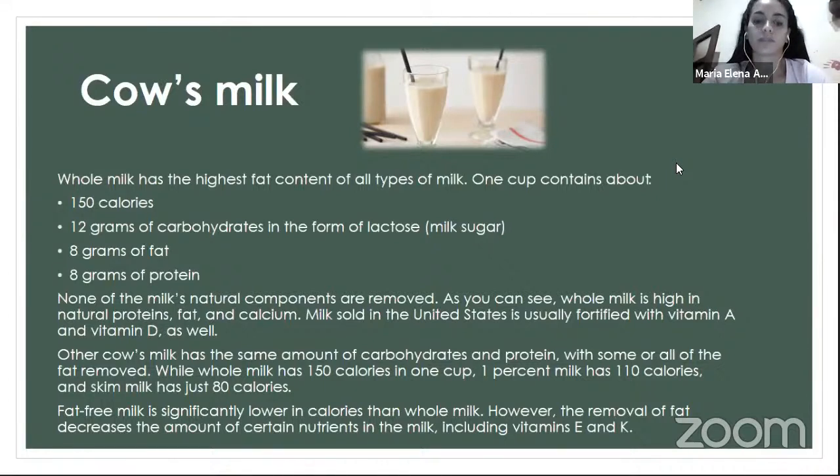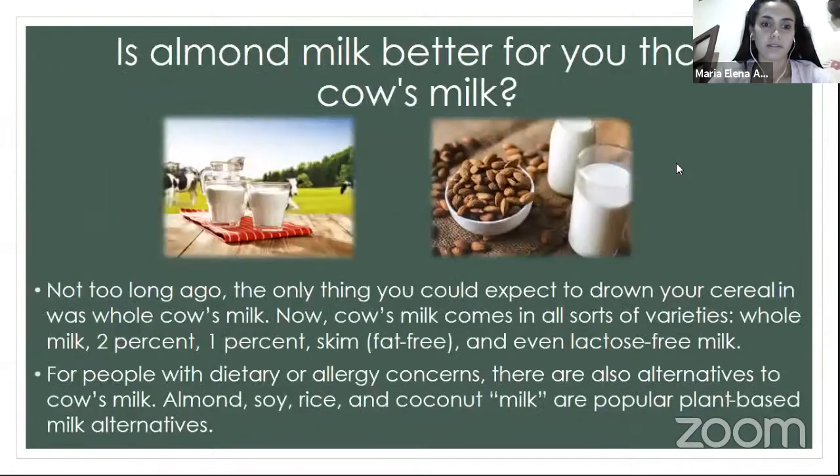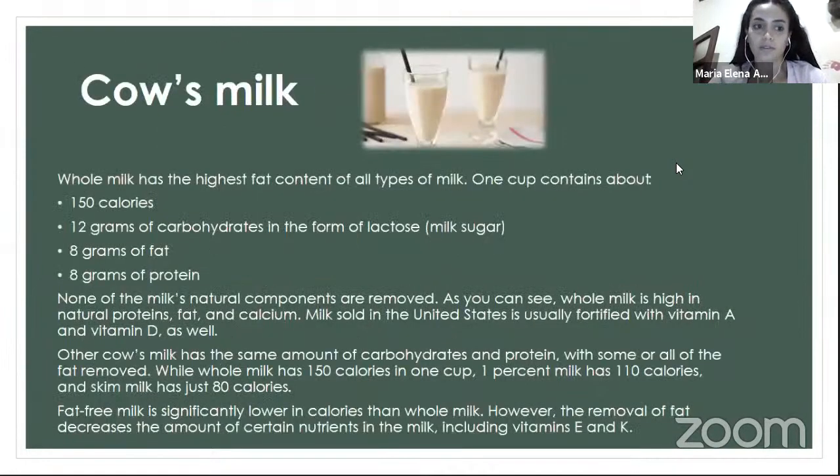This is one of the things we should know about milk when we hear about, for example, lactose free milk. As you can see, whole milk is high in natural protein, fat, and calcium. Milk sold in the United States is usually fortified with vitamin A and vitamin D. Other cow milk has the same amount of carbohydrate and protein, with some or all of the fat removed.